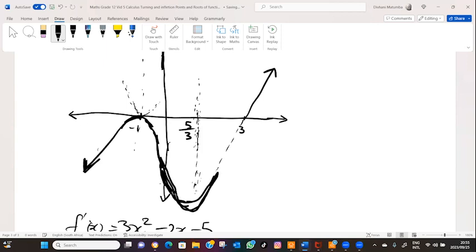So they're saying the point of inflection will be somewhere there. That's where the point of inflection will be. All right, guys, that's how your function f of x looks.